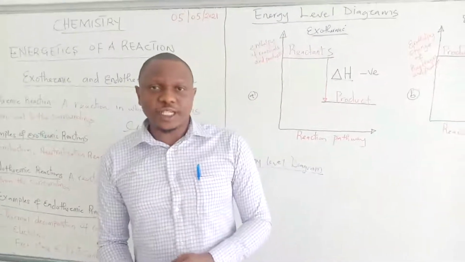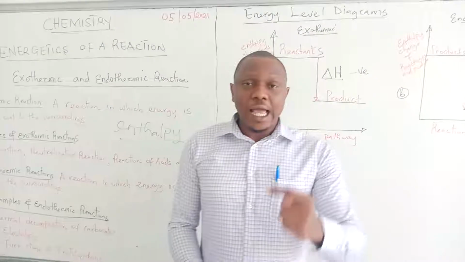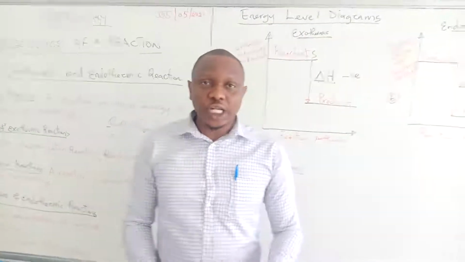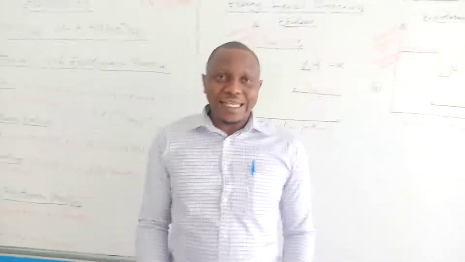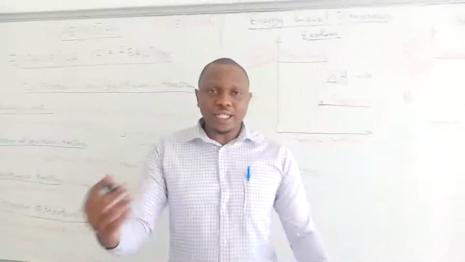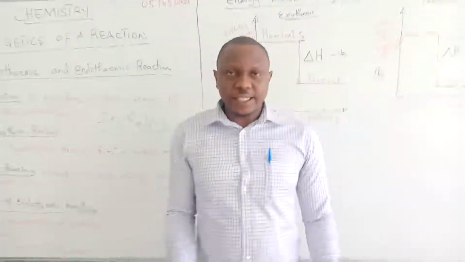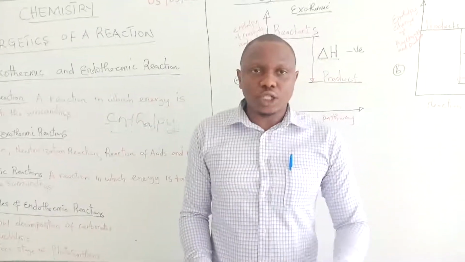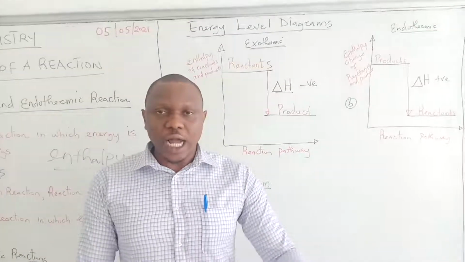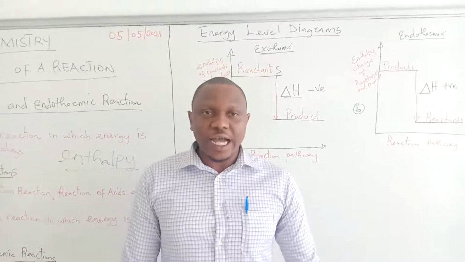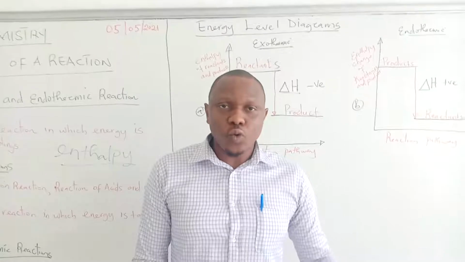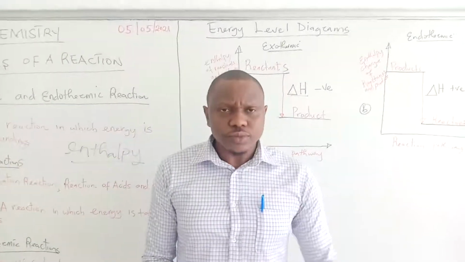The second difference is that under exothermic reaction, the surrounding of the reacting vessel is hot, as compared to the surrounding of the reacting vessel in endothermic, which is cold.